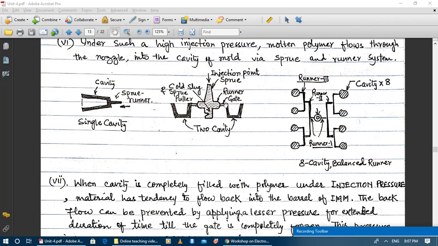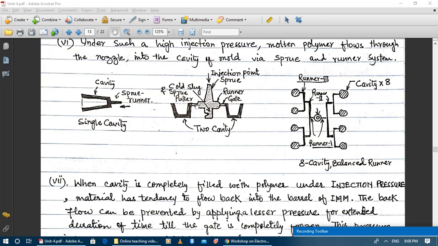Why is the cross-sectional area of the gate very small? Because we want the gate to freeze immediately after the injection, so that there is no chance of backward flow of molten polymer from the cavity to the runner system and back to the injection unit.